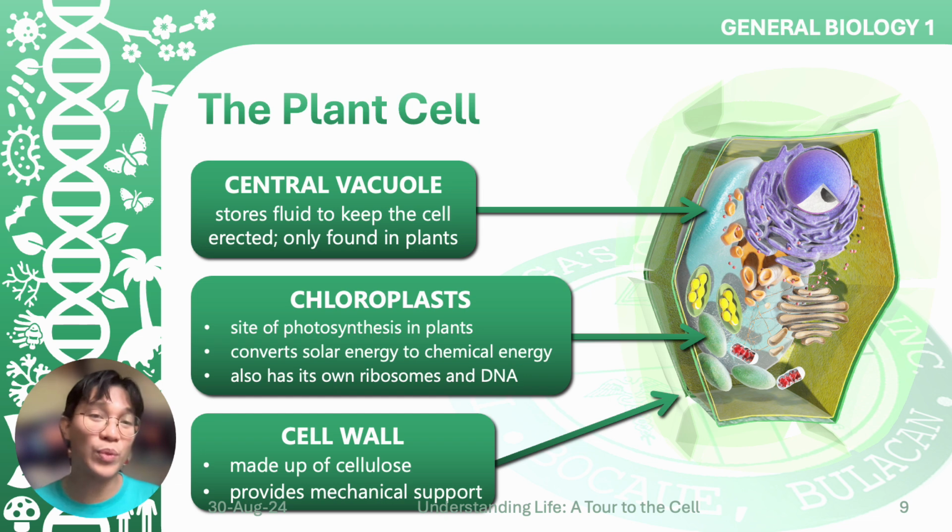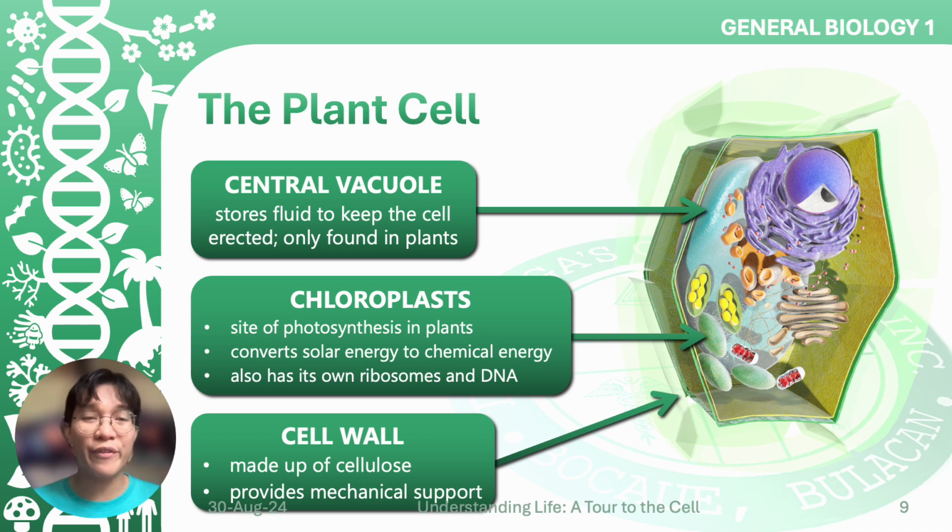Aside from that, we also have your central vacuole and your cell wall. The cell wall is different from your cell membrane. Your cell membrane is made up of lipids, phospholipids. But your cell wall is made up of sugars, which we call cellulose, and they provide mechanical support for the plant.